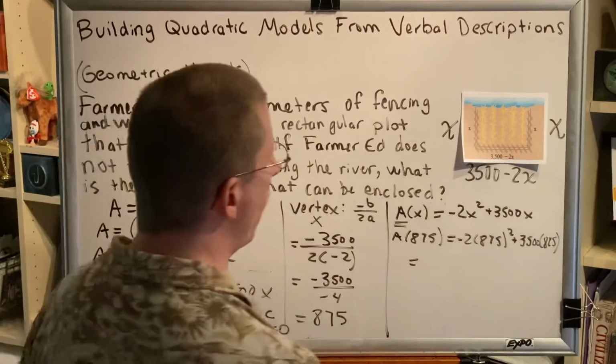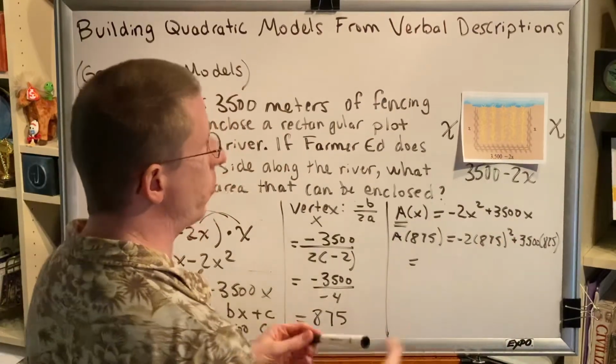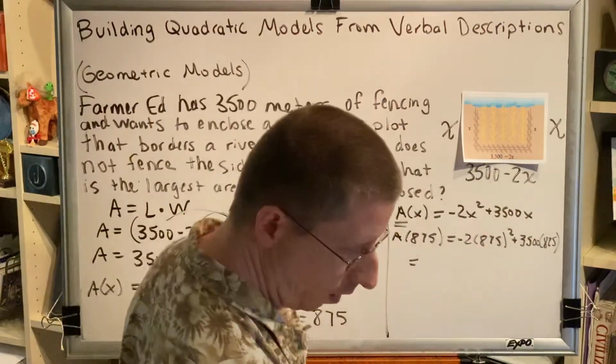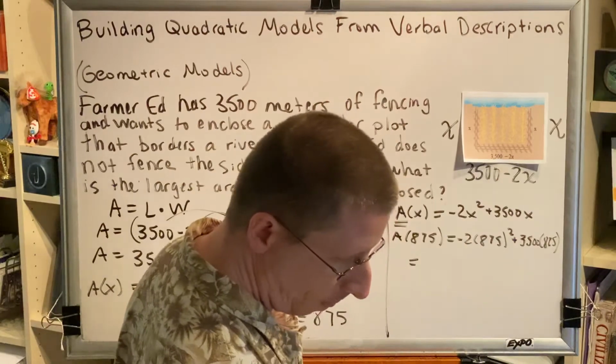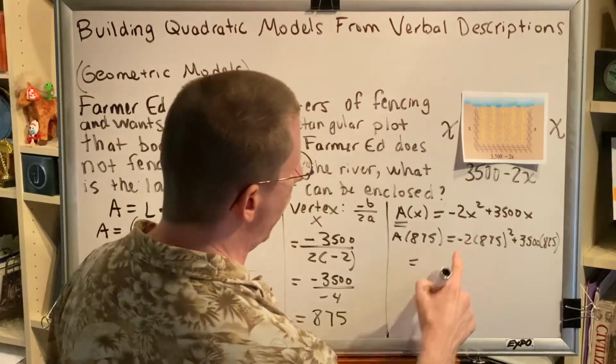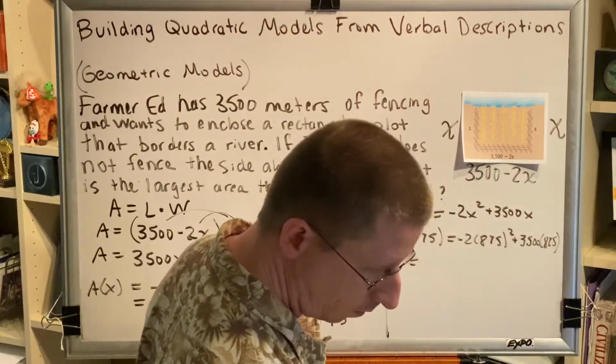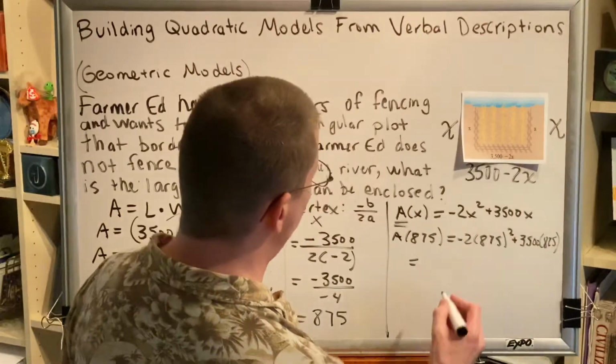All right, order of operations says I have to do the exponent first. So 875 squared, and then multiply it by this negative 2. And this is a really big number.